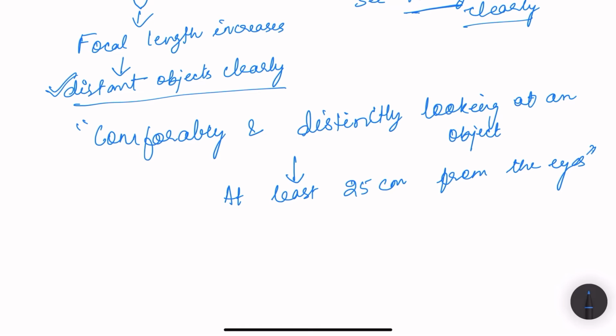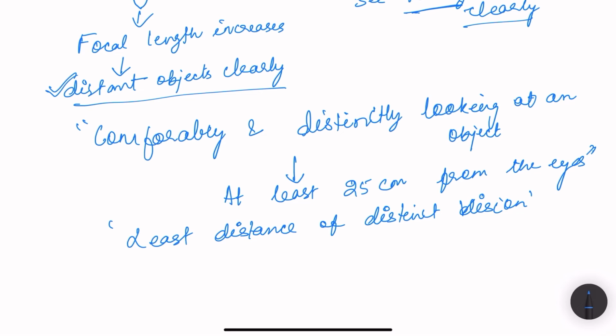This minimum distance at which objects can be seen most distinctly without any kind of strain is known as the least distance of distinct vision.